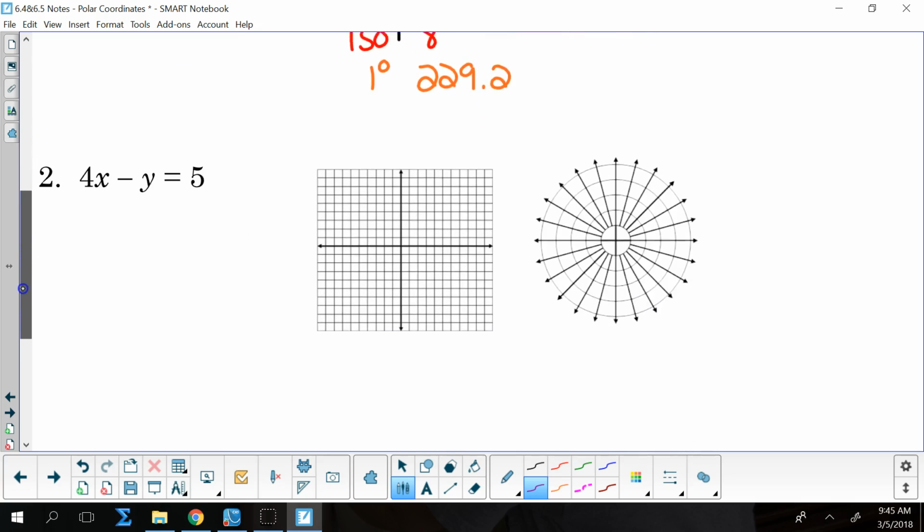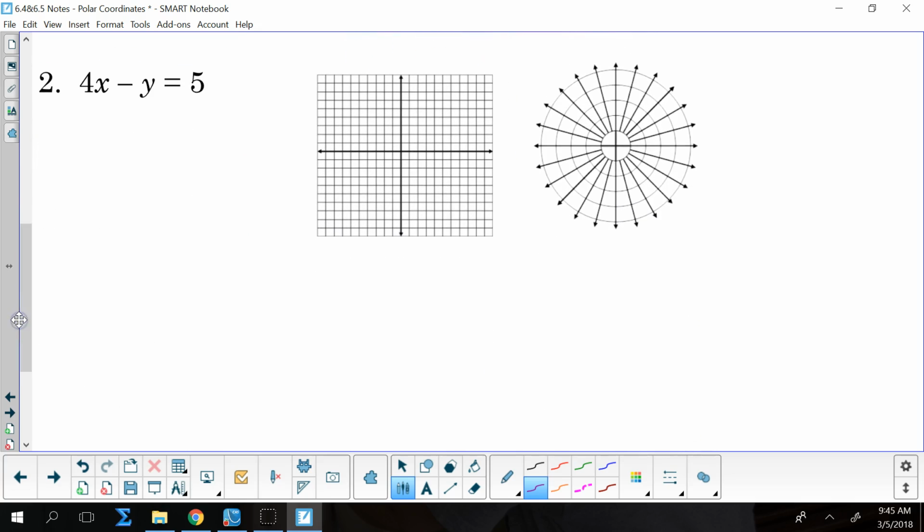Next one. Let's do the same thing. Logically wise, what is the picture, the graph of 4x minus y equals 5? What is that graph?